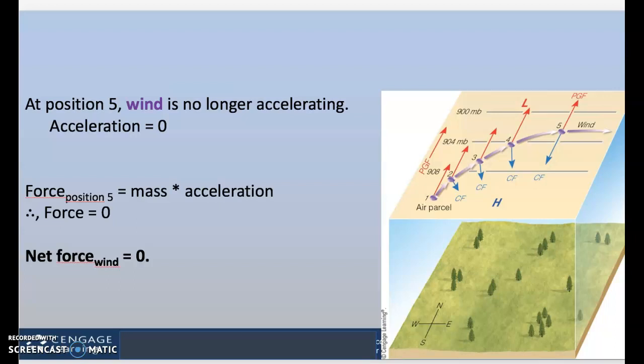If we're no longer changing that acceleration with speed or direction, then our acceleration is going to equal 0. When you put that 0 into the force equals mass times acceleration equation, you'll wind up that the net force of that wind at that position 5 is going to be 0. It seems a little counterintuitive, but that wind is known as a geostrophic wind.